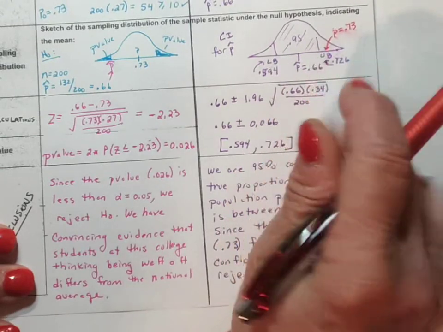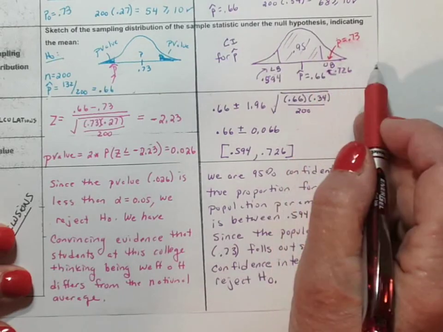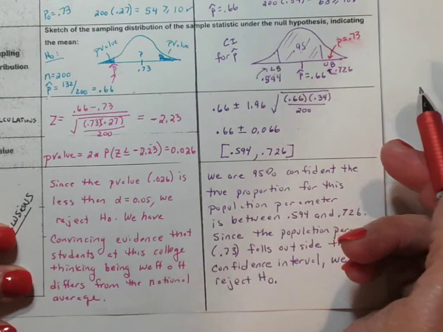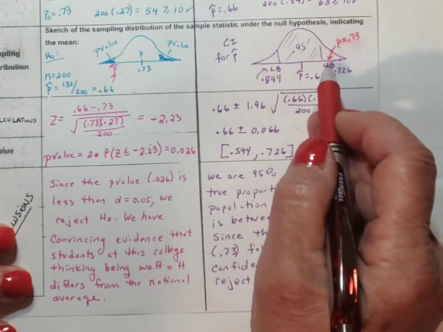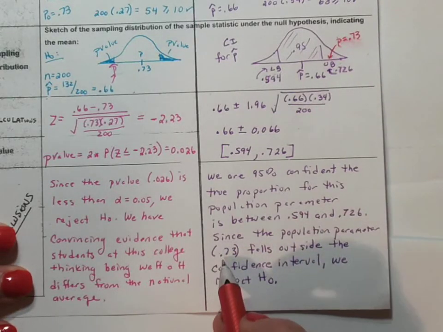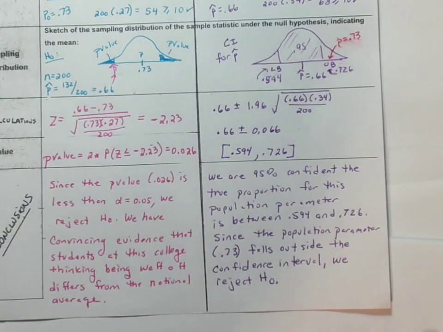From here to here, that's going to be my fail to reject. And if it's above the upper bound or below the lower bound, that is my rejection region. Since the population parameter 0.73 falls outside the confidence interval, we reject the null hypothesis.